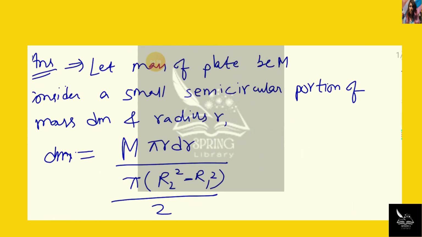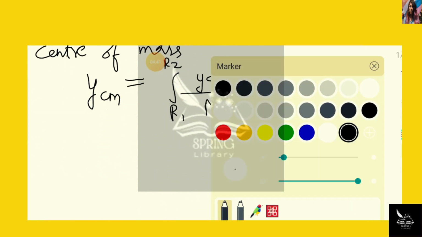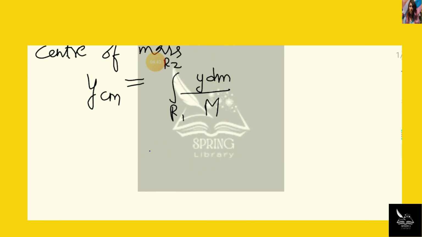We know that for a semicircular portion, the y coordinate of its center is y equal to 2r over pi.